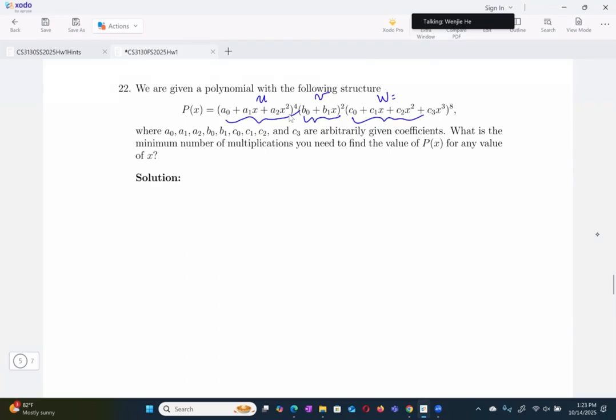W, you need 3 multiplications. V, you need 1 multiplication. U, you need 2 multiplications. So for this step, you need 6 multiplications.